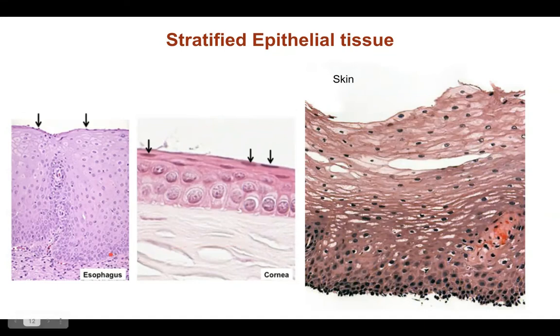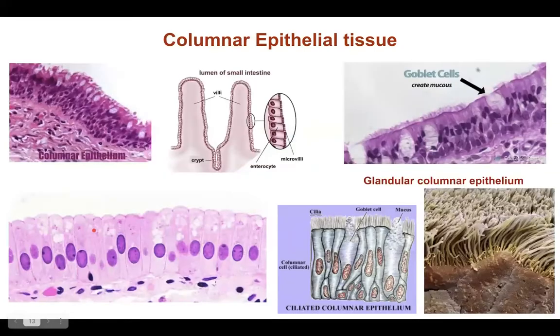It is also found in your esophageal lining, the structure which connects your mouth, that means the last part, pharynx, to your stomach, that is called the esophagus. The lining of the esophagus is regularly shed and affected, so it has multiple layers of epithelial tissue, which is the stratified epithelial tissue.